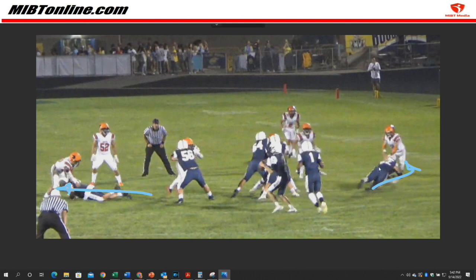So initially, I would say, based off of the rule and the definition of what the free blocking zone is and who is eligible to block below the waist by being in the free blocking zone and their block occurring against a player who is also on the line of scrimmage and in the free blocking zone, these would not qualify.